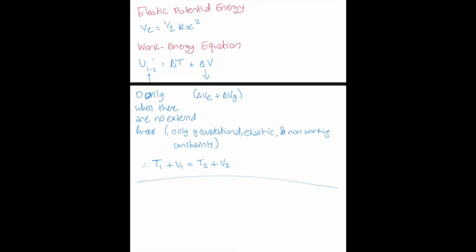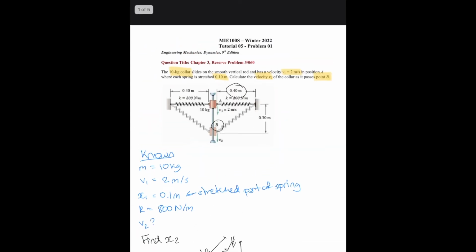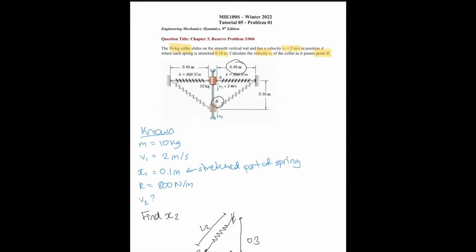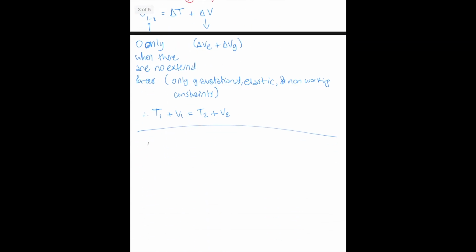Now that we've learned all of this new information, we can start solving. There are no external forces on the problem. It's just gravitational, elastic, and kinetic energy. So you've got delta T plus delta Vg plus delta Ve is going to be equal to 0.